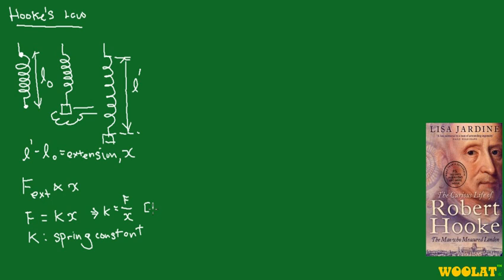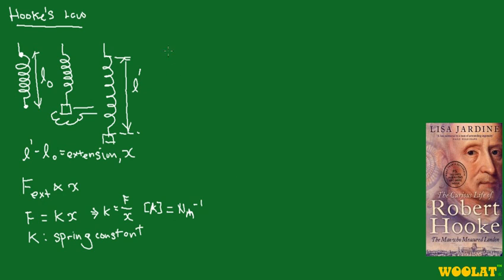The units of your spring constant, square brackets can be used to represent the units of a physical quantity. In this case, the physical quantity is K, which is my spring constant. So the units of the spring constant is equal to, as seen from my expression here, Newton per meter.